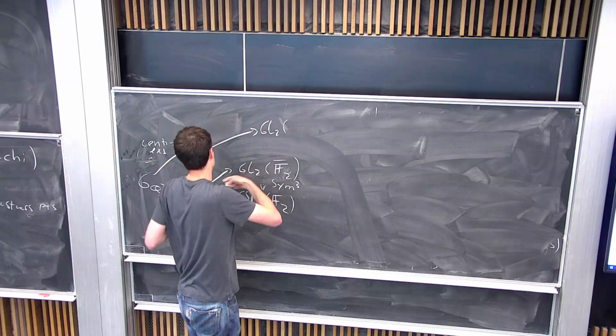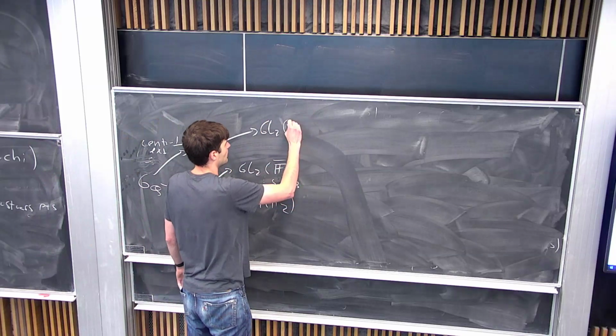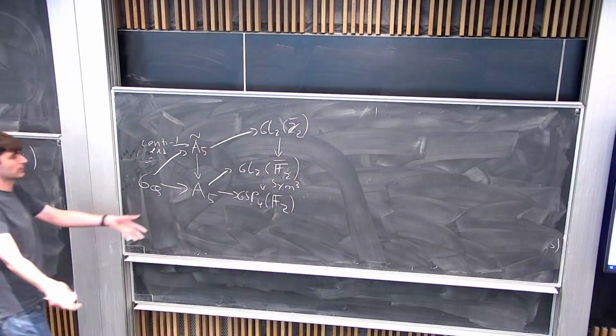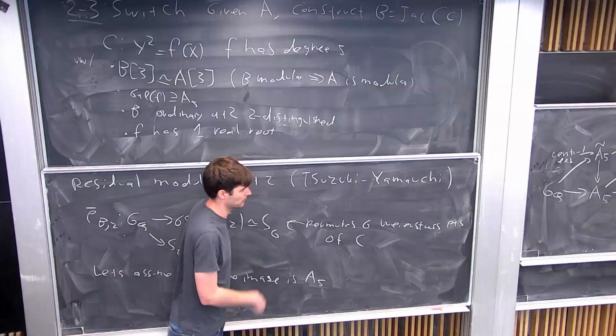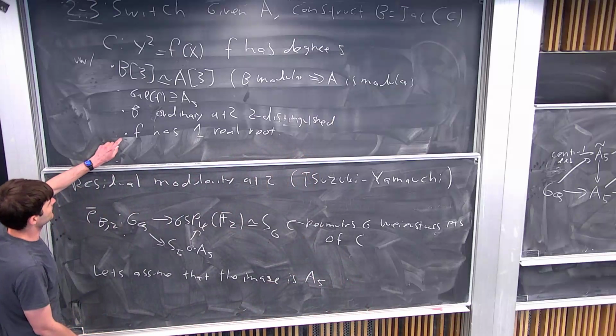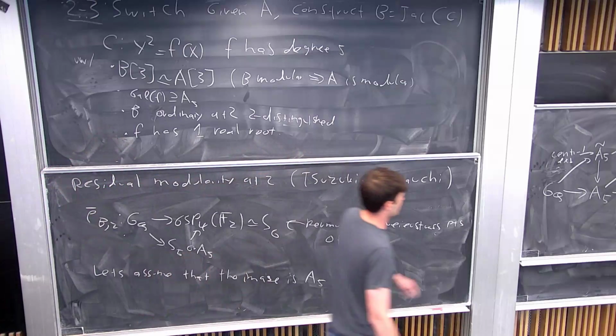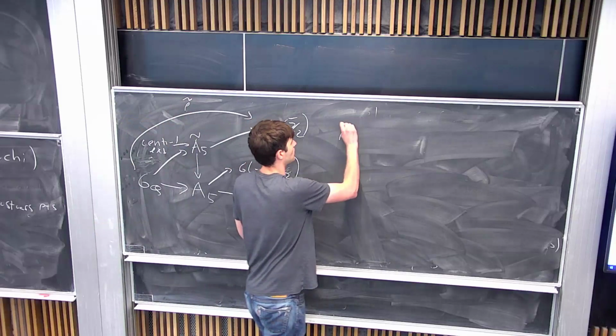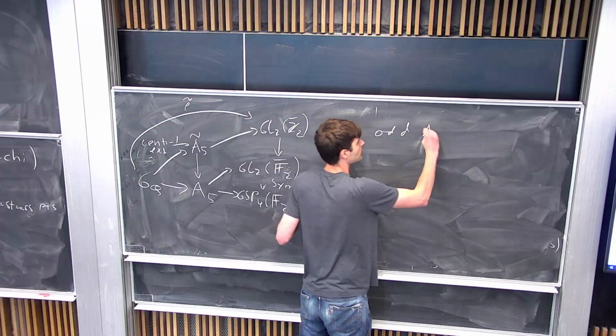So you can imagine, this representation has finite image. I'm viewing it as a sort of 2-adic representation, but you could also just view it as a 2-dimensional complex representation. And it's odd, again, because of this. So this thing, which I'll call rho tilde, is an odd Artin representation.